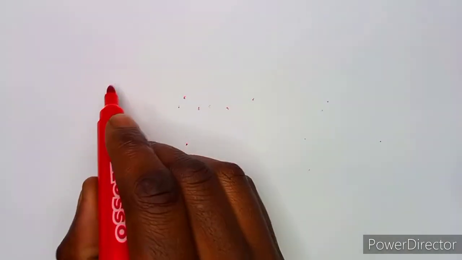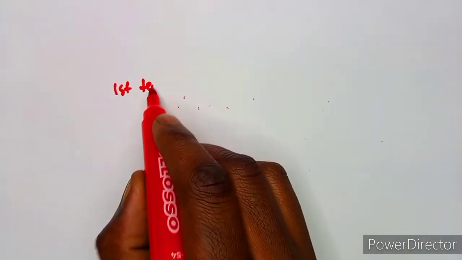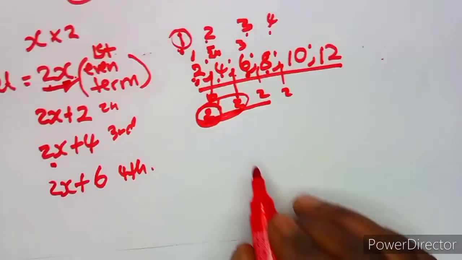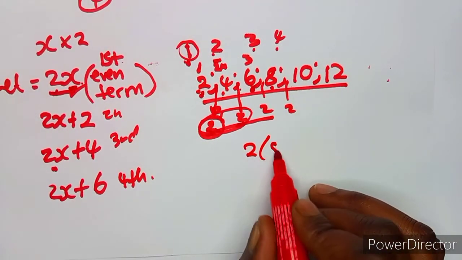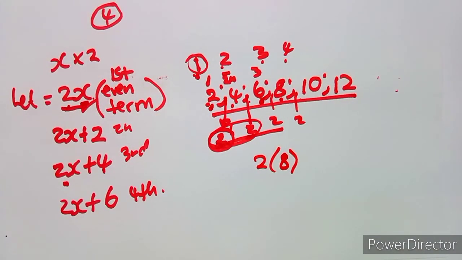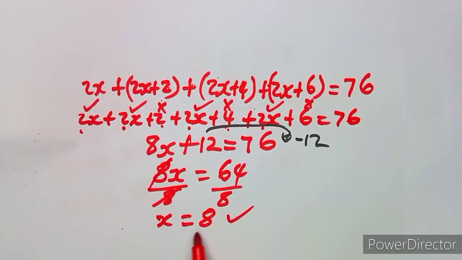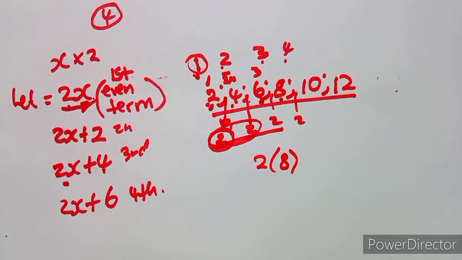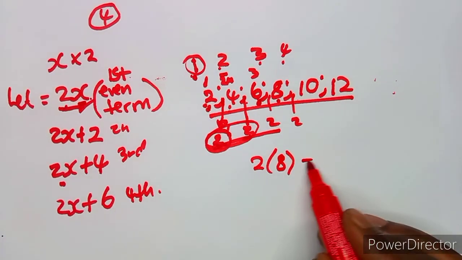So the first number is going to be 2x, which is 2 times 8, which is 16.